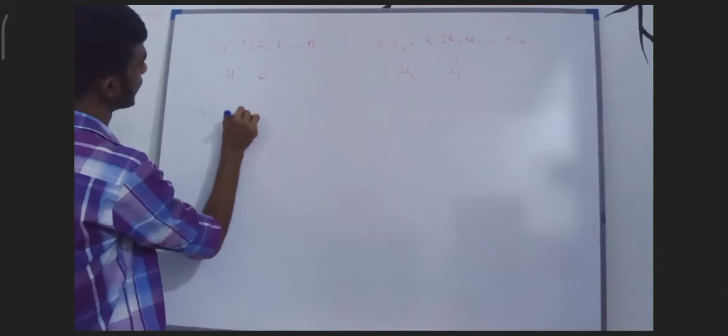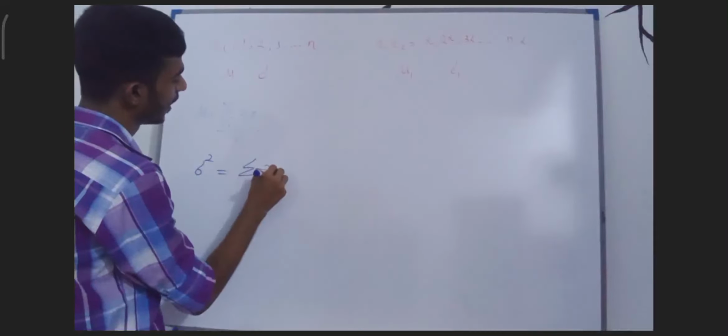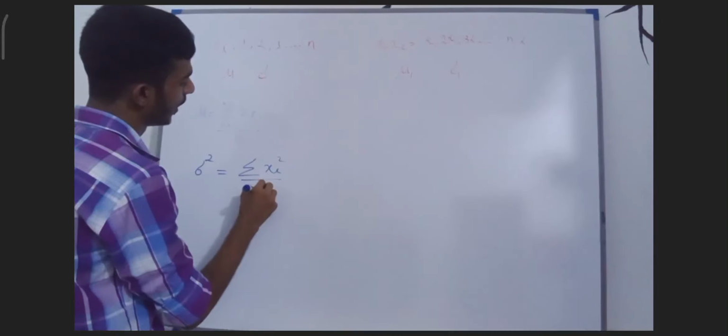Since I have been given the mean and the standard deviation of this data set, I can write mu is equal to summation of xi, i from 1 to n, over n observations, so I divide by n. And standard deviation is the square root of variance, so sigma squared is equal to summation of xi squared over n minus mu squared.